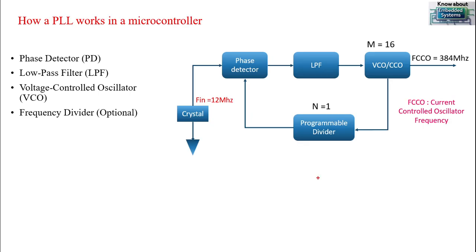Whenever you get a phase difference equal to 0, that situation is called the phase lock condition. Whenever the phase difference between the input signal and the feedback signal is 0, it is called phase lock.